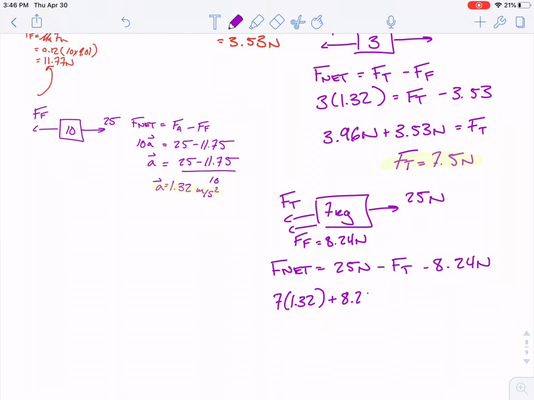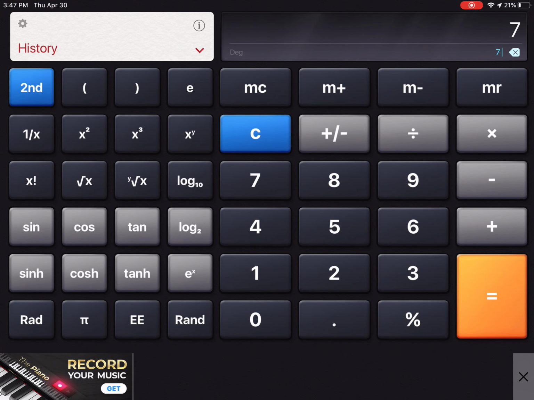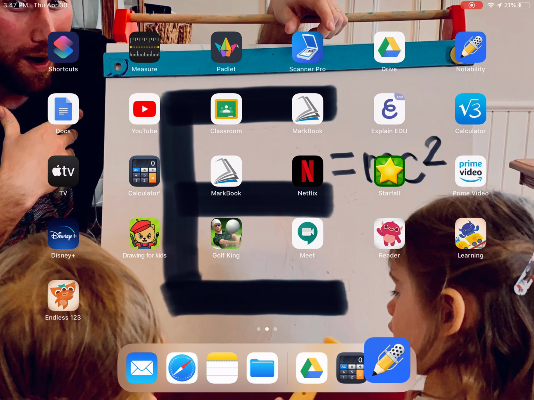So 7 times 1.32 plus 8.24 minus 25 newtons gives us negative FT. And remember, the negative doesn't really matter. That's just the direction. So 7 times 1.32, 9.24.